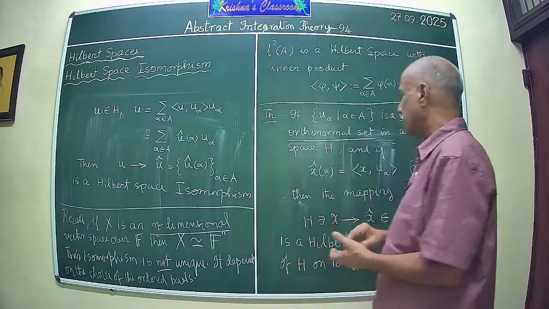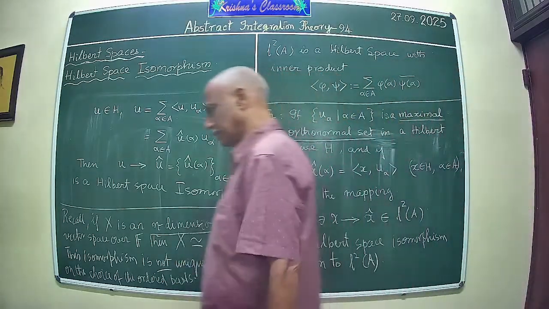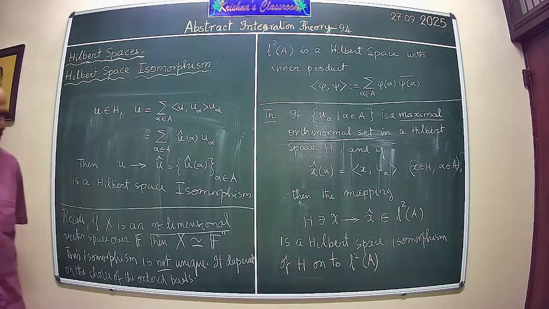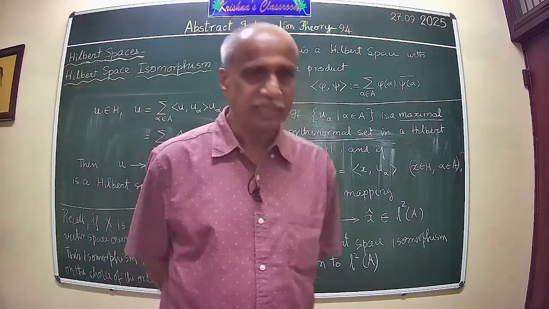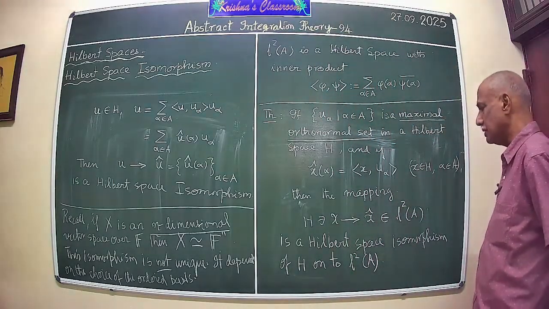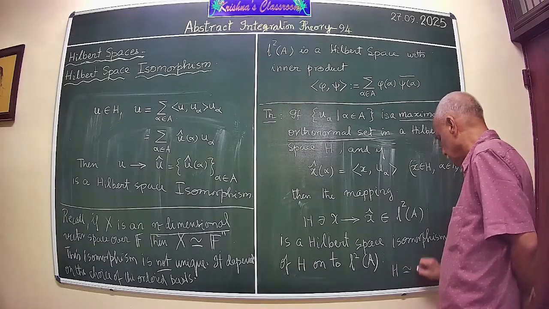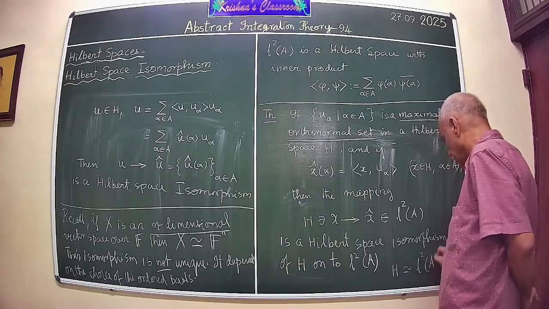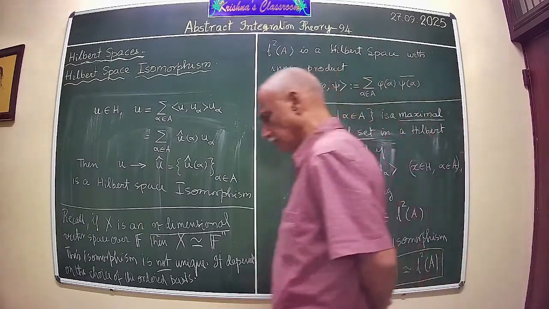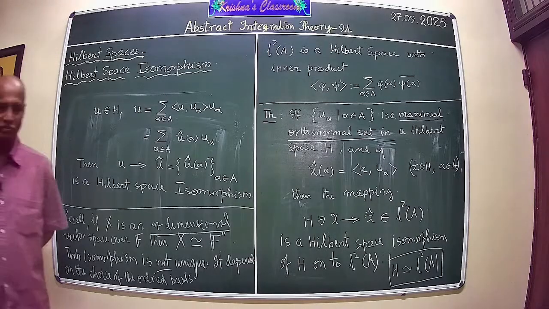The result that we have stated here is essentially the analog of that. Instead of Fn, what you have is L2, right? So if H is a Hilbert space, then it is isomorphic to L2A. This is the result that we have proved already.